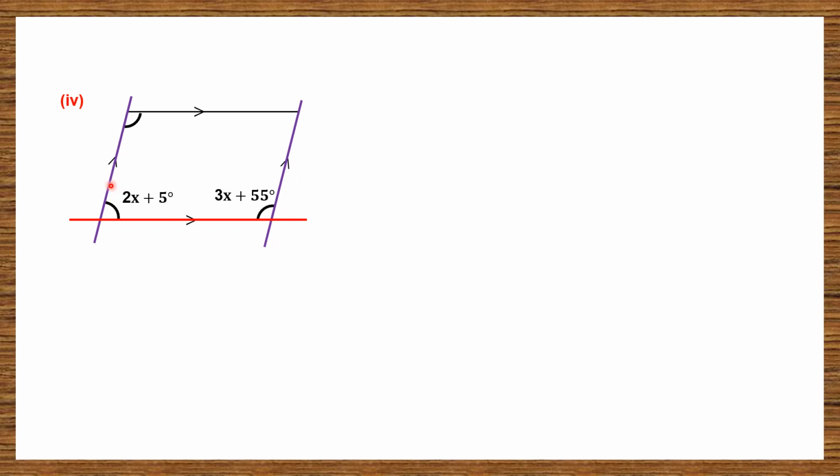Okay, so we have two parallel lines cut by a transversal. Now here you can see this angle and this angle here, isn't it? So these two are co-interior angles. That means co-interior angles are equal to 180 degrees. If I take this angle and I add it up, my answer should be equal to 180 degrees. So let's do that.